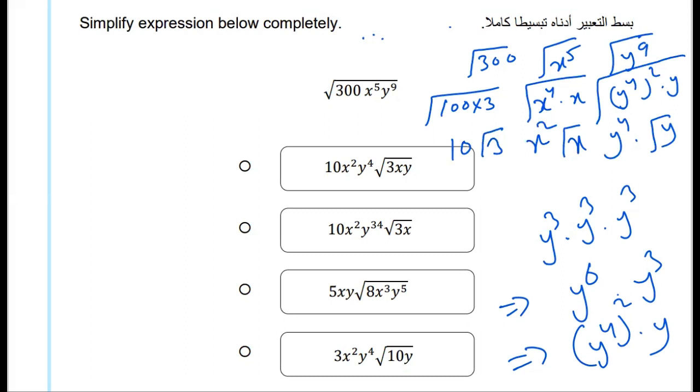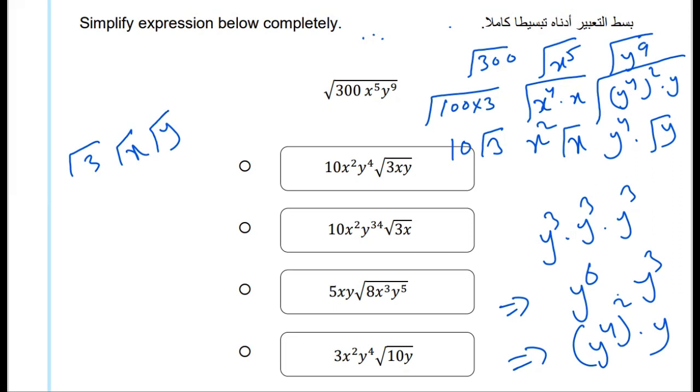rearrange the expressions. So we can write square root 3, square root x, square root y, and the rest of the values are 10.